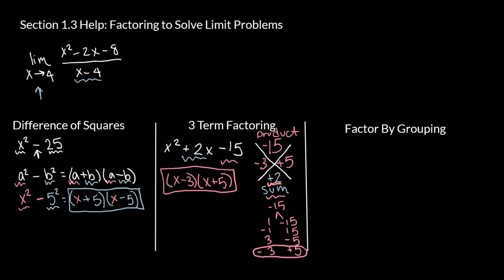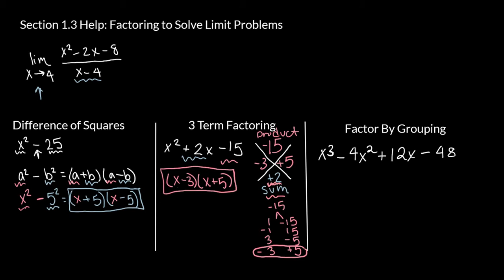So for example, x to the third minus 4x squared plus 12x minus 48. Okay, here we're going to do factor by grouping.